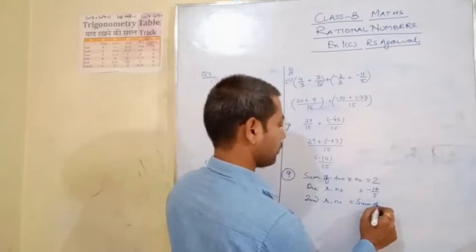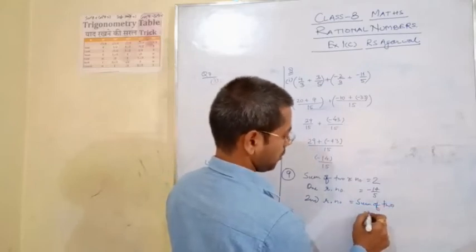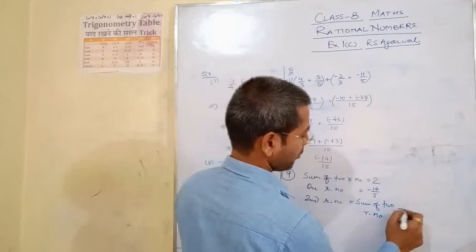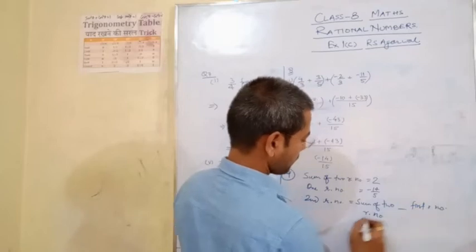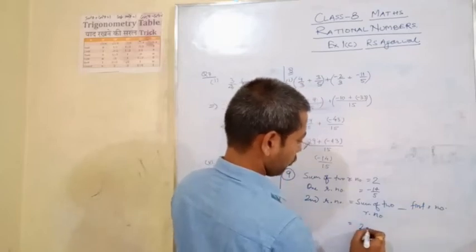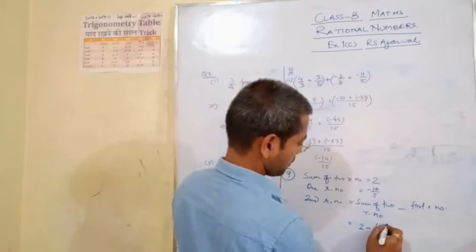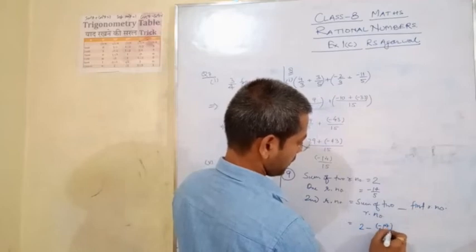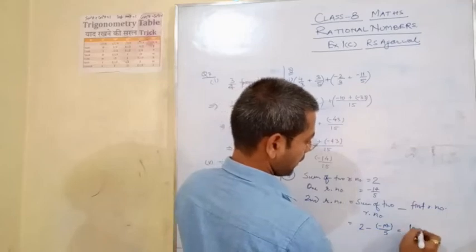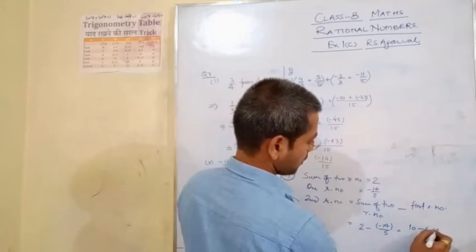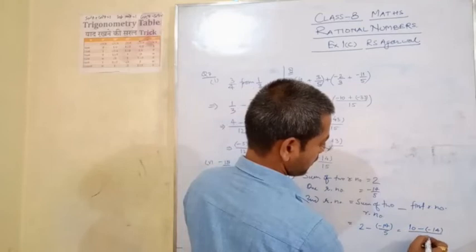the sum of the two rational numbers minus the first rational number. It is 2 minus minus 14 upon 5. 2 fives are 10, minus minus 14 upon 5.